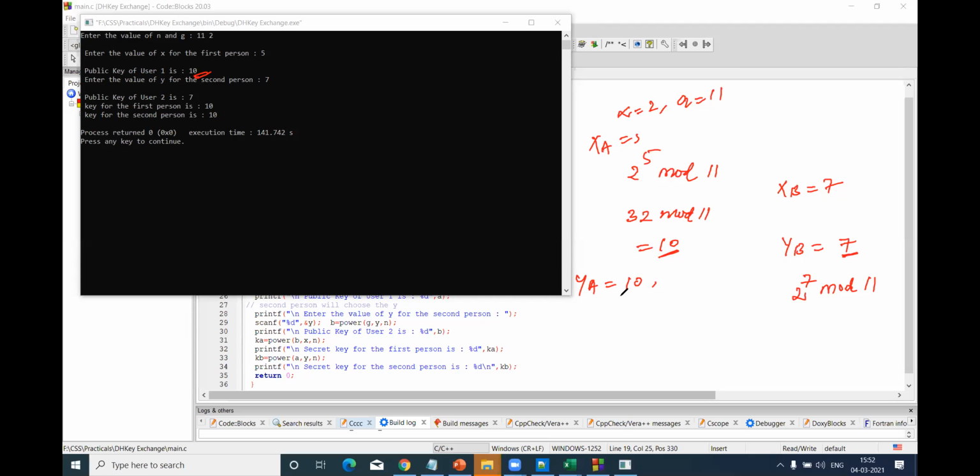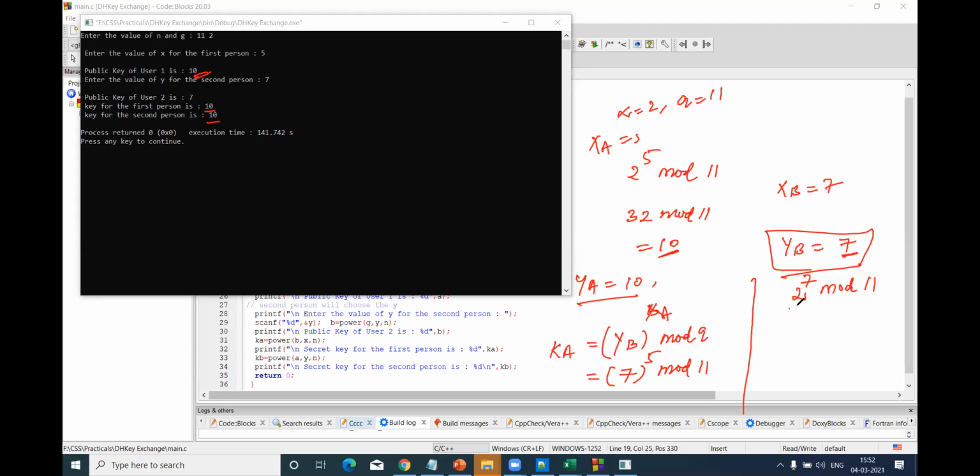Okay. So here we calculated the YA value equal to 10 and the YB value equal to 7. After that, the keys have been calculated at both ends. How were they calculated? Here KA is the public key of B to the power of the secret key of A, which is YB power XA mod Q, which is 7 power 5 mod 11.